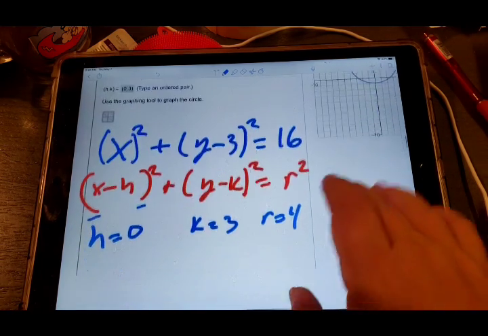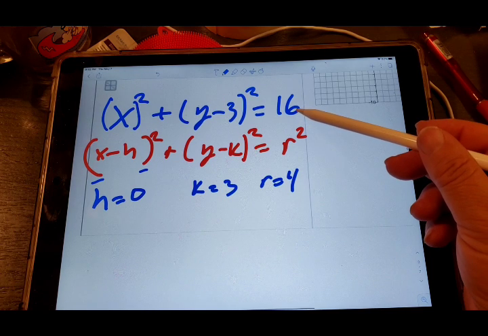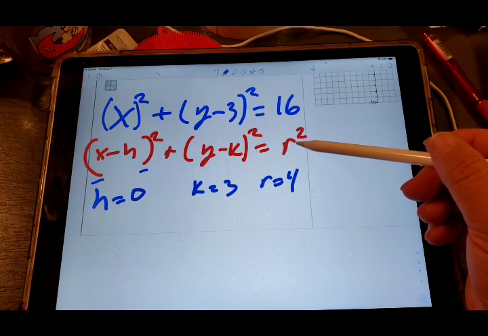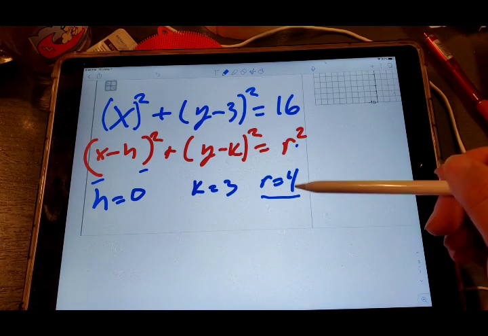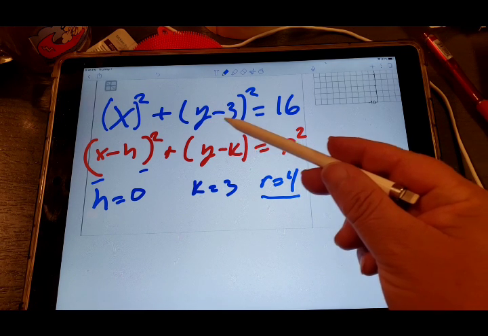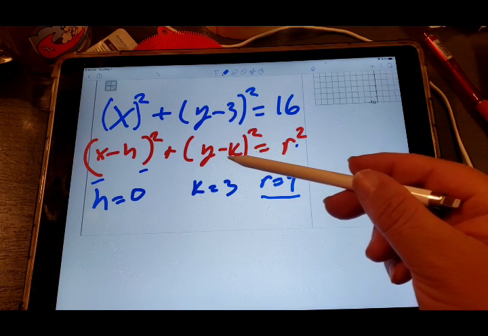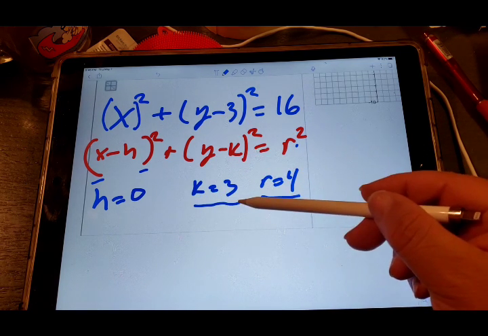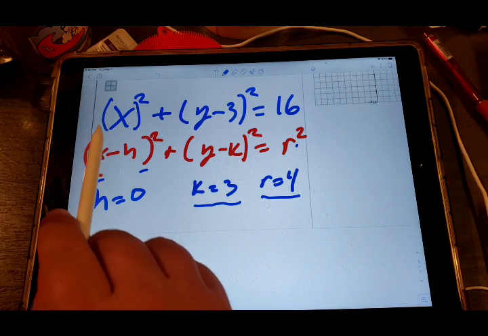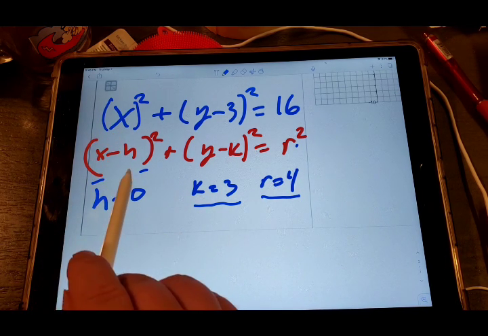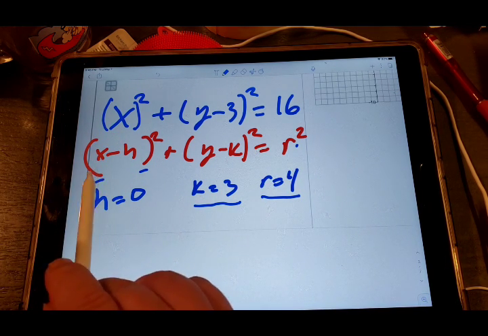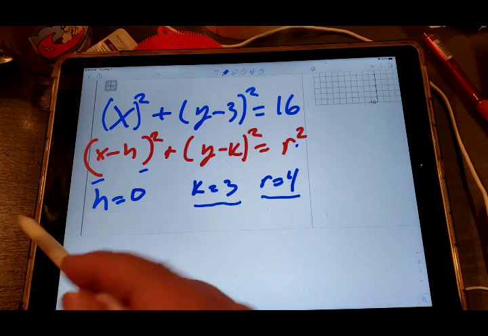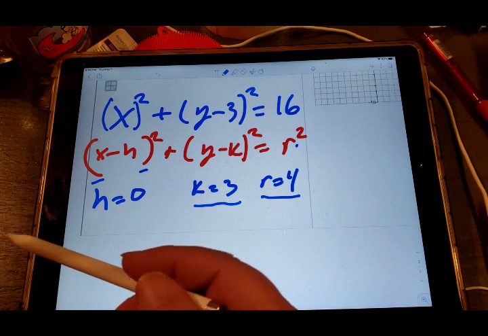All right, let's start on this side. If 16 lines up with r squared, r is 4 again. If y minus 3 matches up with y minus k, well, k is 3. And if you just have x squared, you're not subtracting anything from the x. So you can think of it as it being 0.